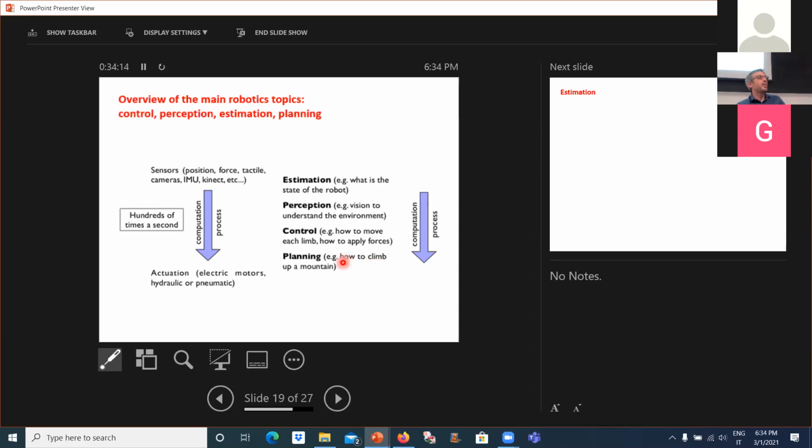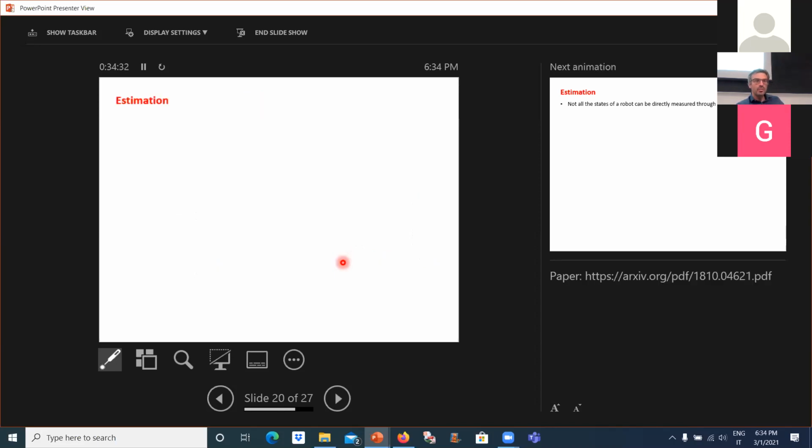The planning, that is, I don't know, deciding to go there, moving in a direction, can happen once in a while. The low-level control that tells the actuator to drive this current needs to be very, very frequent, for example, every 1 or 10 milliseconds.